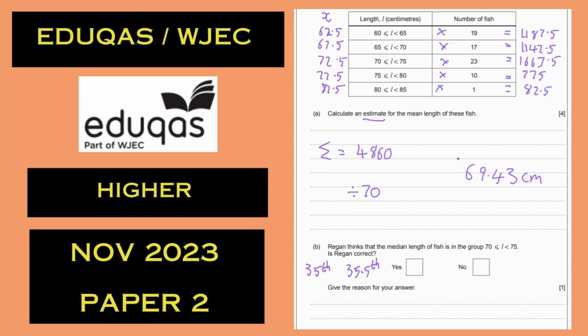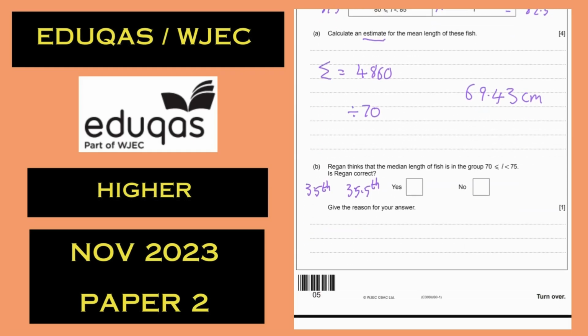It doesn't matter, because as you can see, if you look at the first 2 groups, you've got 19 fish there, up to the right to the top of your second group down, it includes the 36th fish. So no matter which way you've been taught, it doesn't matter.